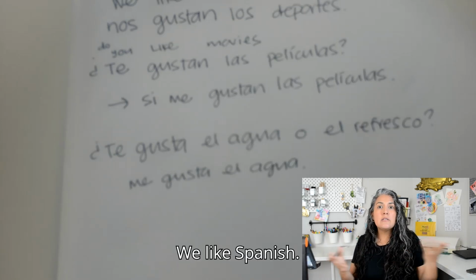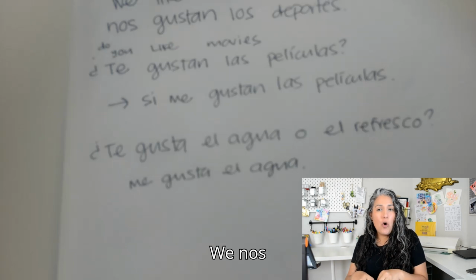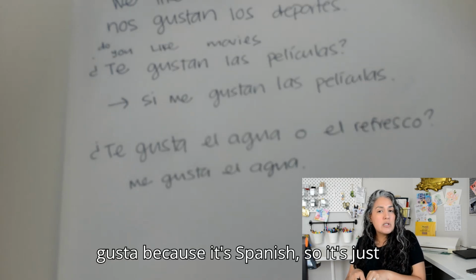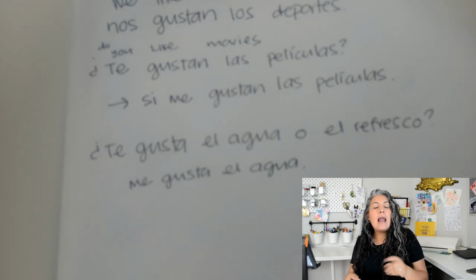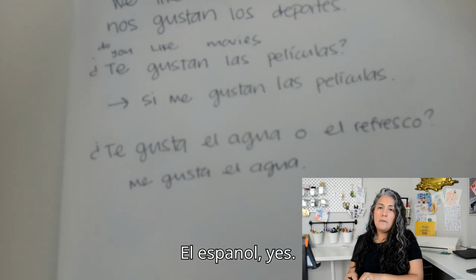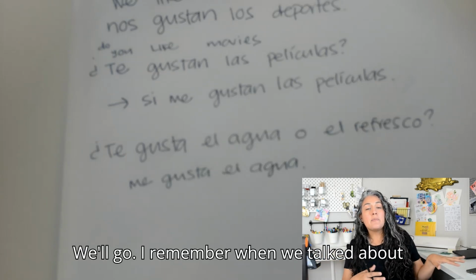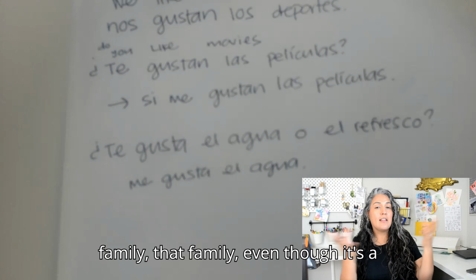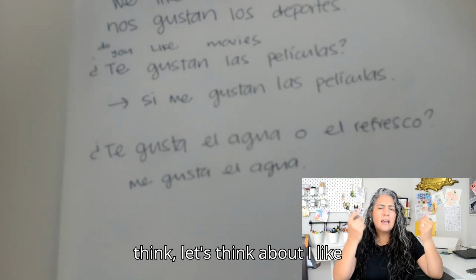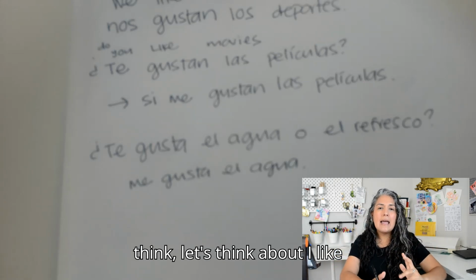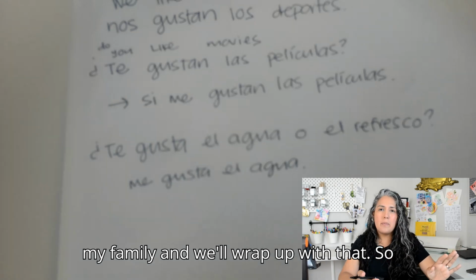We like Spanish. Nos gusta, because it's Spanish, it's just one, it's singular. El español. I remember when we talked about family, that family, even though it's a lot of people, it's just one. But let's think about I like my family. And we'll wrap up with that.